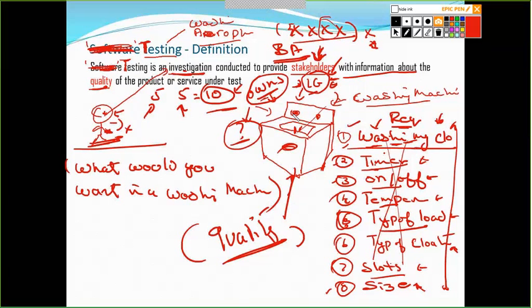So the company's stake depends on how well you are able to test the product and release it into the market. The developer develops everything, but if you are not testing it properly, then the company can lose its customers.